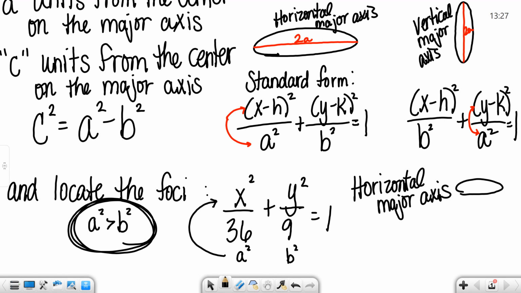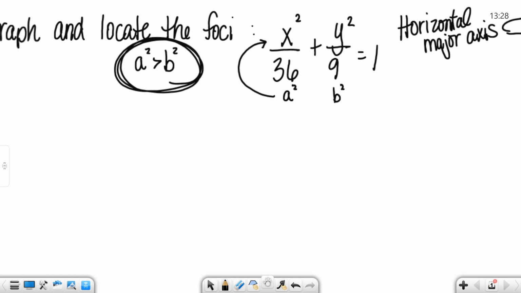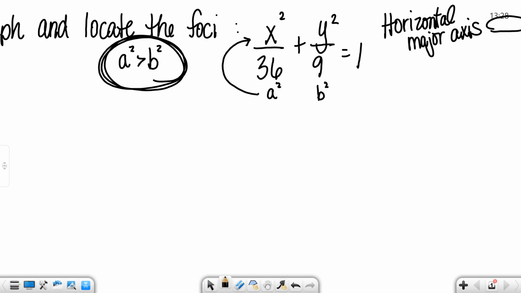Now we have to find the foci. It said we had to find the foci. Here's our little equation. We have decided that it has a horizontal major axis. We now know a squared is 36. We know that b squared is 9.